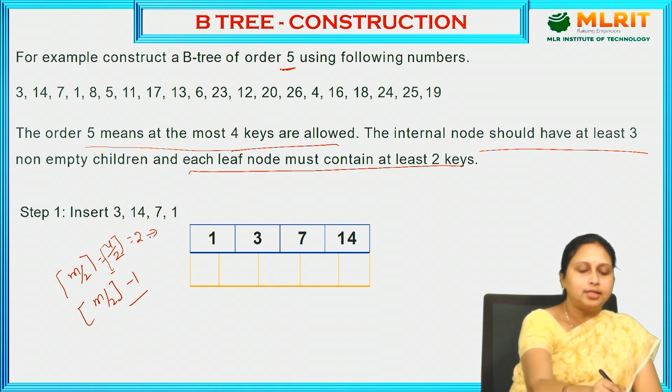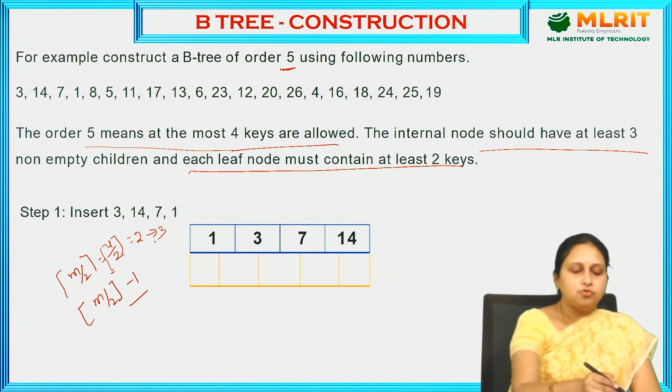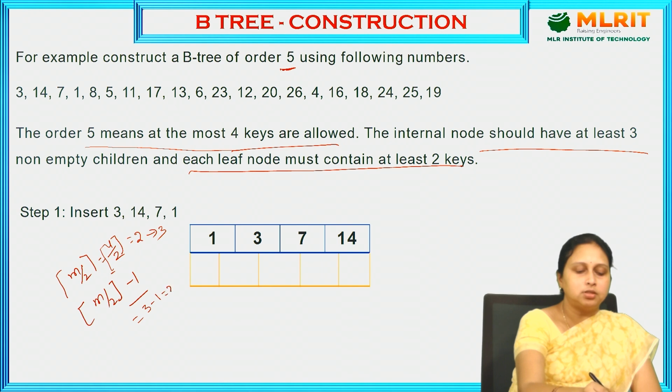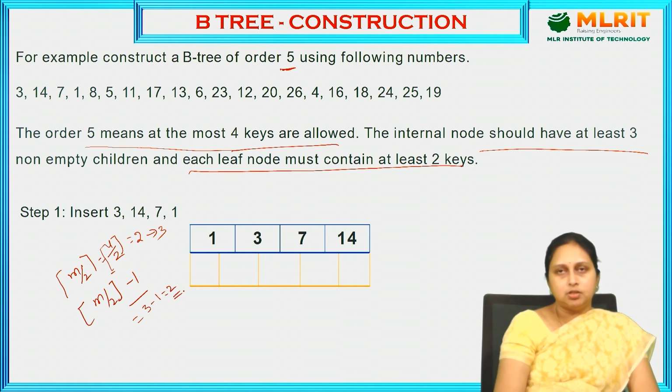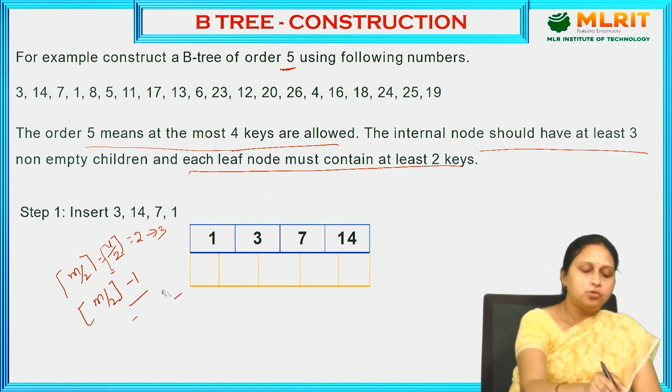We are going to take the ceil of it. That means the next value, that is 3. Next, 4 by 2 minus 1, that is 3 minus 1, is nothing but 2. Based on this, it will decide how many internal nodes and at least how many leaf nodes it must have, right?